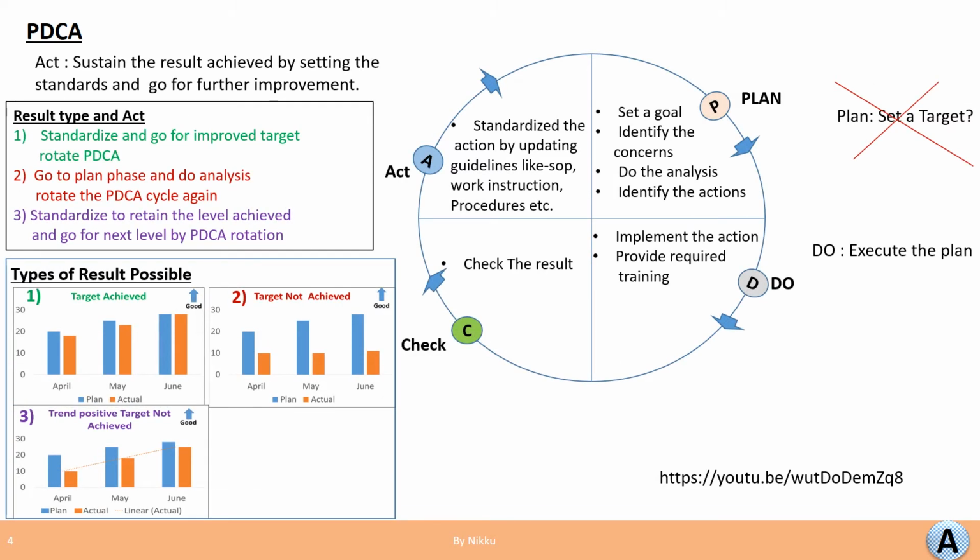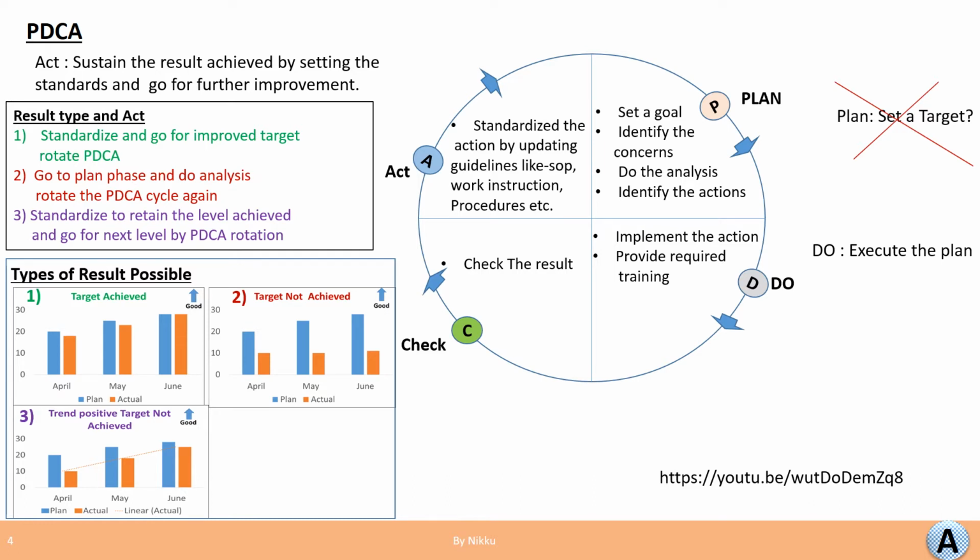The PDCA approach has 4 phases: plan, do, check, act. In the plan phase, we set a goal and identify the concerns in achieving that goal. Through analysis, we identify the root cause of the concerns and the actions to overcome them. In the do phase, we implement the required actions and provide training as required.